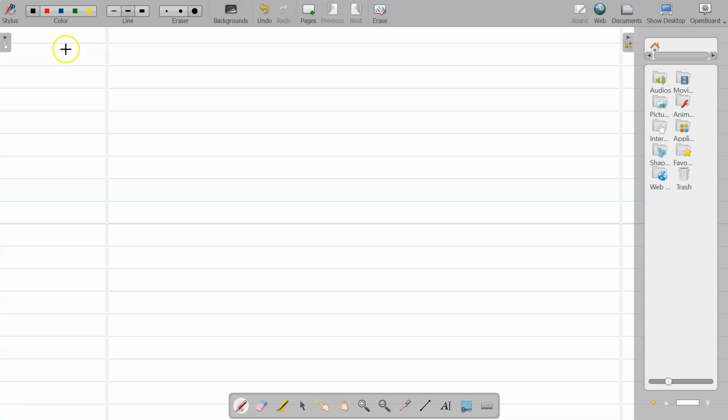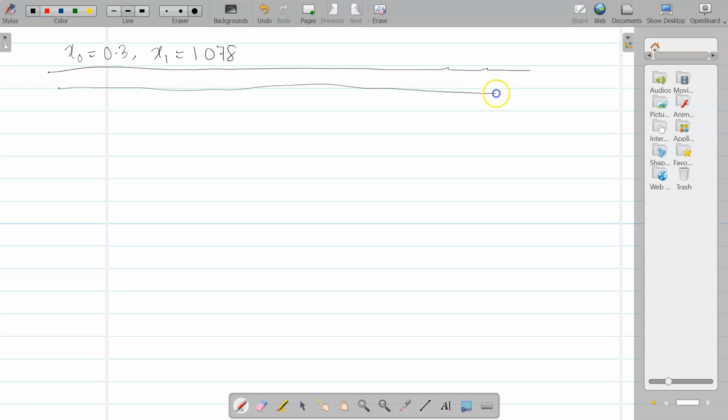From the previous computation, we have from the question x naught equal to 0.3, and we have x1 equal to 1.078. So now I want to show you how you can use a table to solve by using the Newton-Raphson method. Let's say we draw this table. In our table, the first column is I, okay, this is I, and then we have xi, function of xi, and then derivative function of xi, and from here you can compute your xi plus 1, and then epsilon a.